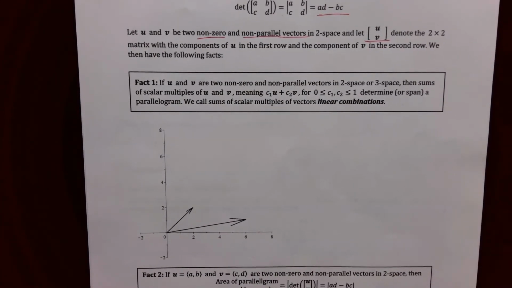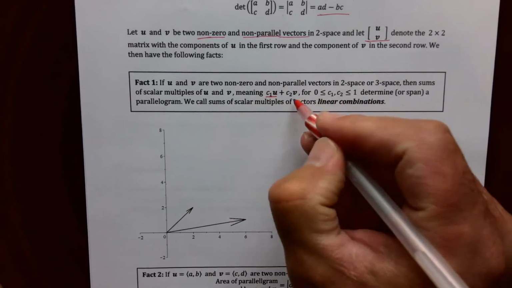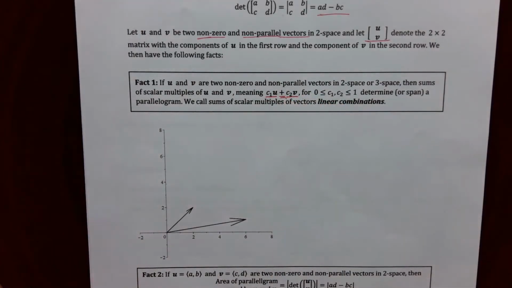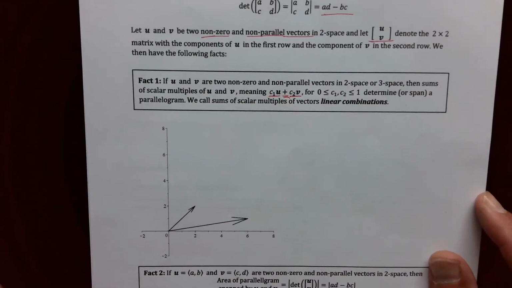It's saying if U and V are non-zero, non-parallel vectors in 2 space, this also works in 3 space, then sums of scalar multiples of U and V, by that we mean we take a scalar multiplying U, a scalar multiplying V, and then add those results. If we take all of the sums of scalar multiples, which we call linear combinations, for those constants being between 0 and 1, then that determines or spans a parallelogram.